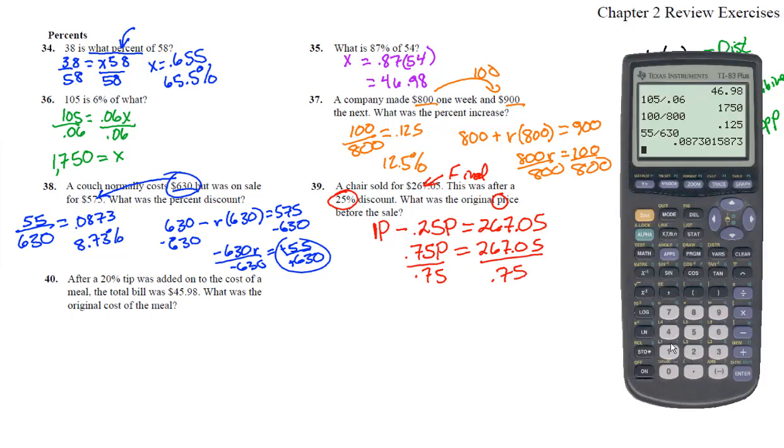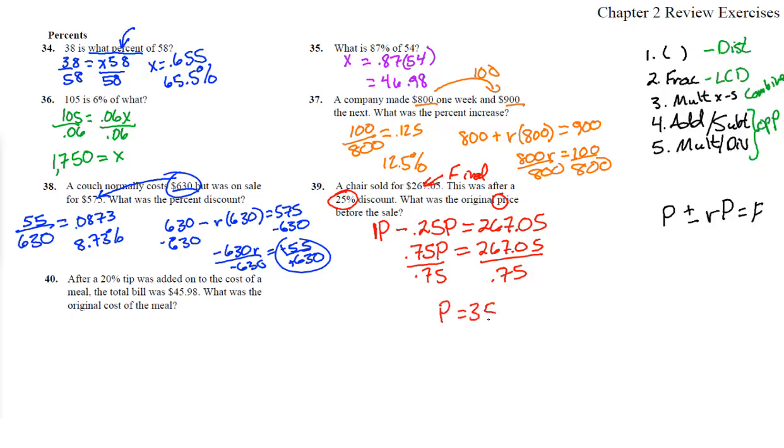Calculator, please. 267.05 divided by 0.75. And it's 356.07. So P is 356.07. And that will be dollars and cents.